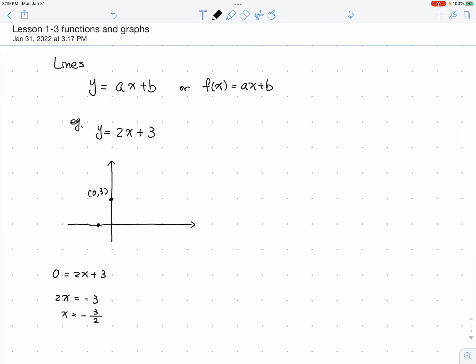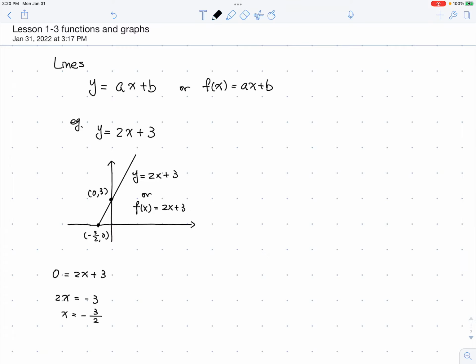So that's here. And I can do many more points like that. This is a little sloppy. Okay, so this will be y equals 2x plus 3, or f of x equals 2x plus 3.